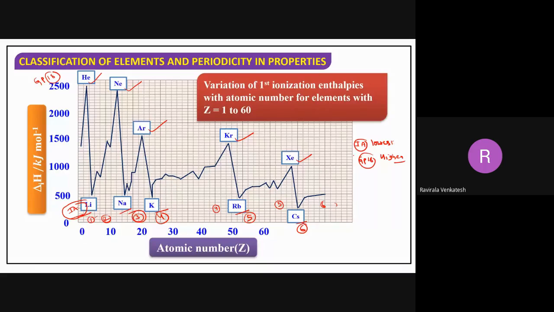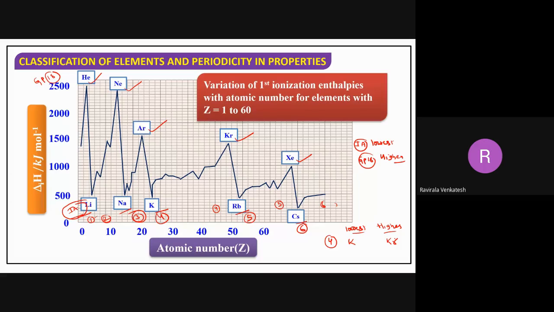In the fourth period, which element has the lowest ionization potential? Potassium. Which has the highest one in the fourth period? Argon?